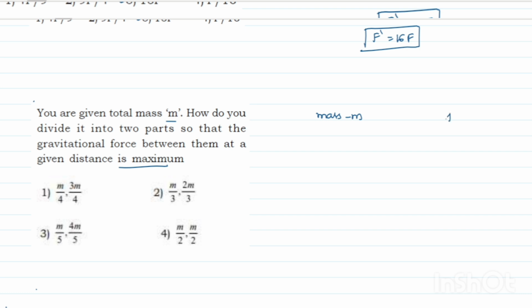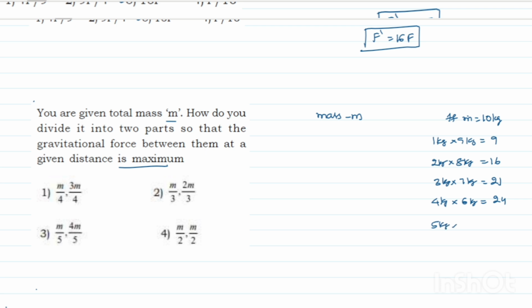If I am taking a 10 kg mass, and dividing it like 1 kg and 9 kg, the product will be 9. If you are dividing into 2 kg and 8 kg, it becomes 16. If you are dividing into 3 kg and 7 kg, it becomes 21, and 4 kg and 6 kg, the product becomes 24.